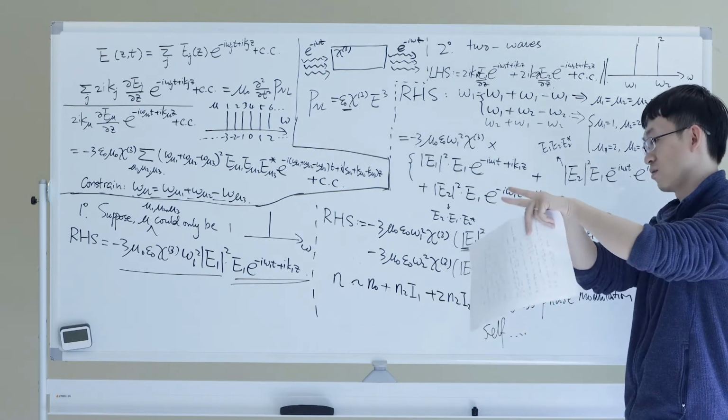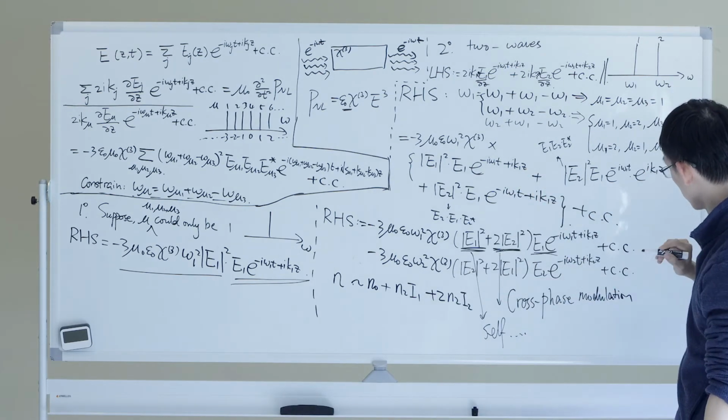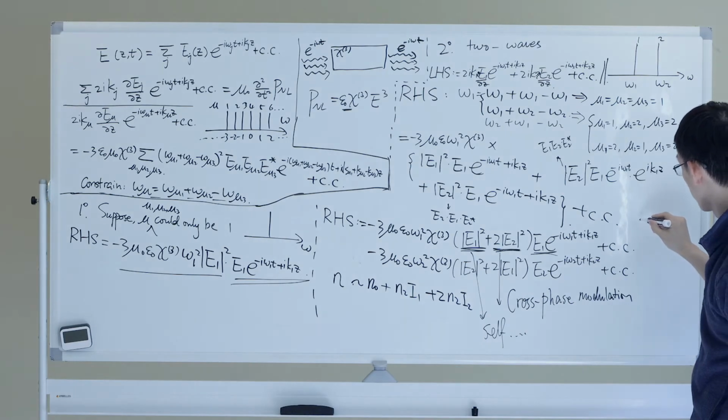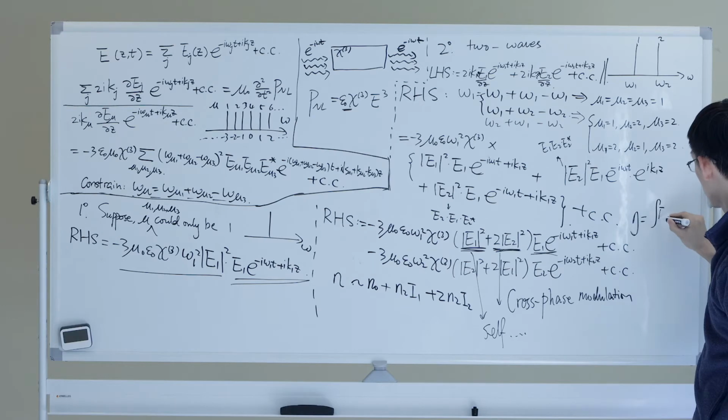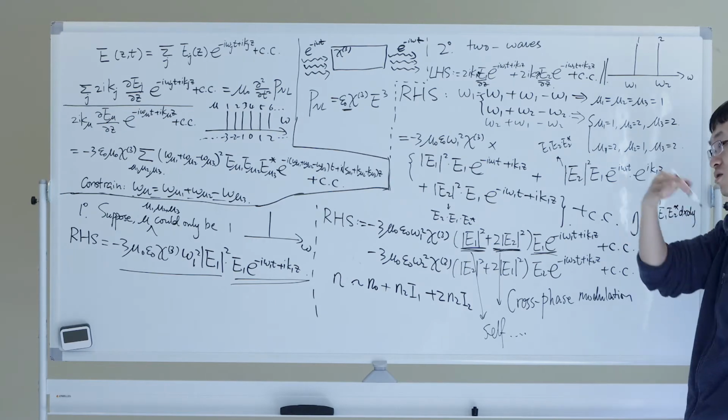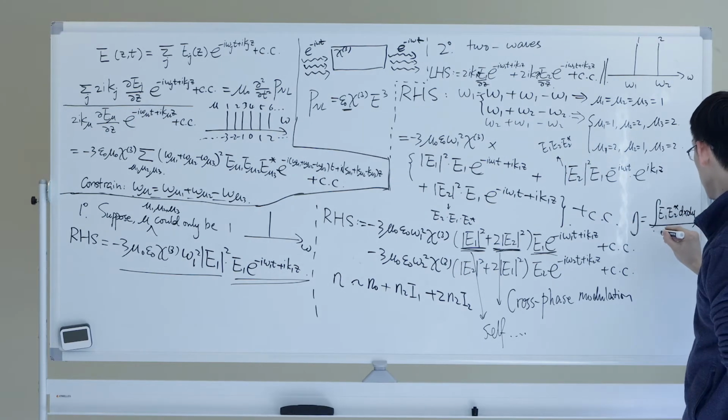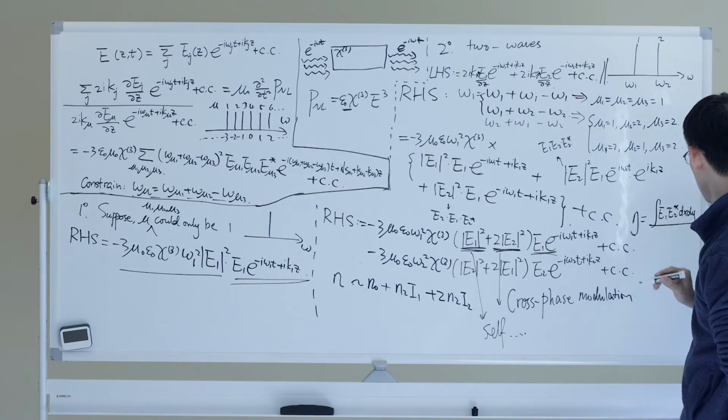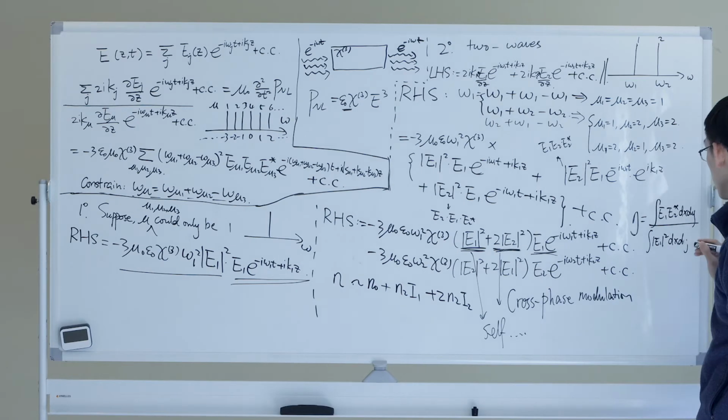And so the factor will look something like this. Okay, the factor would be eta, the integral of e1 e2 dx dy, because it's the cross section, divided by the integral of e1 squared dx dy. So it's normalized, right?